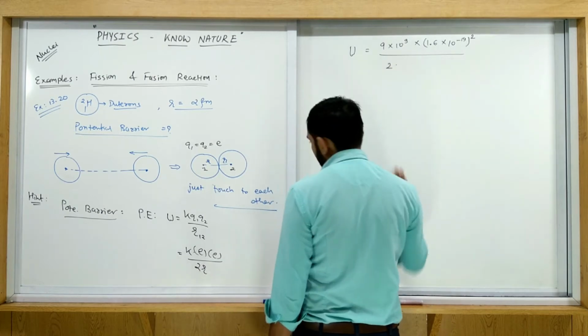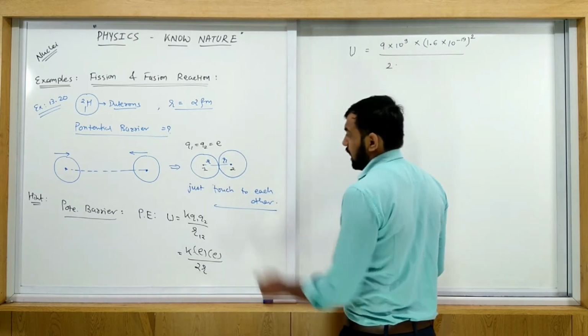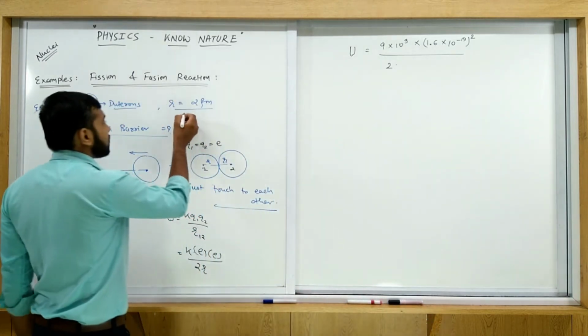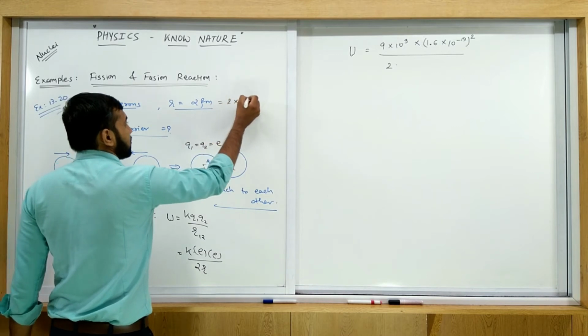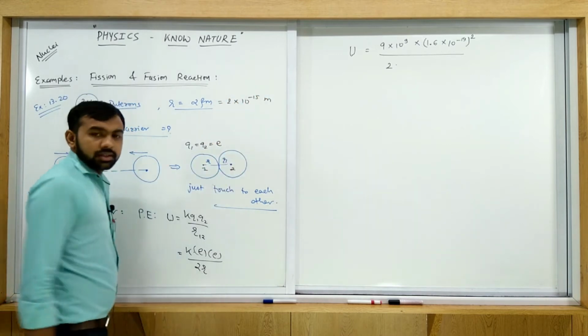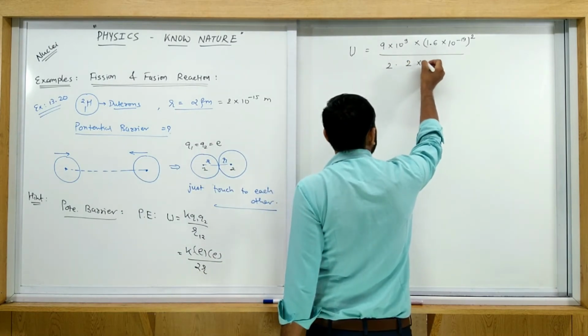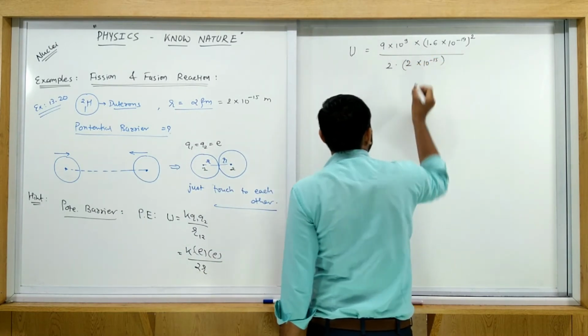So what is r? r is equal to 2 femtometer. Convert this value into meter. So 2 into 10 raised to minus 15 meter. Put this value here.